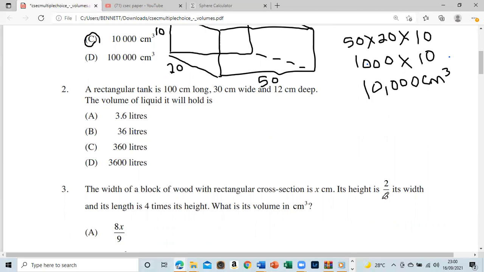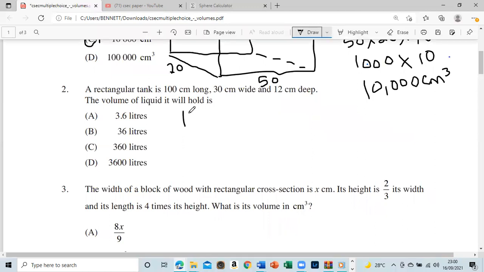The volume of the liquid it holds is... So this one is pretty straightforward. It's the same measurement, so it's 100 times 30 times 12. It's a rectangle, so it's a cuboid again. So 30 times 12.